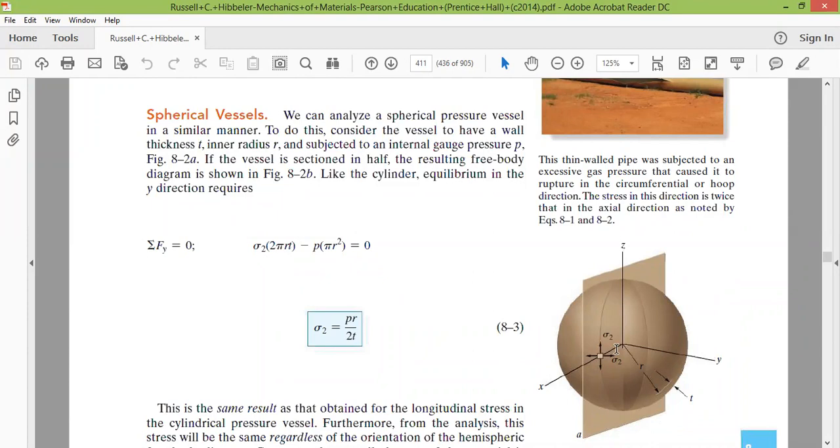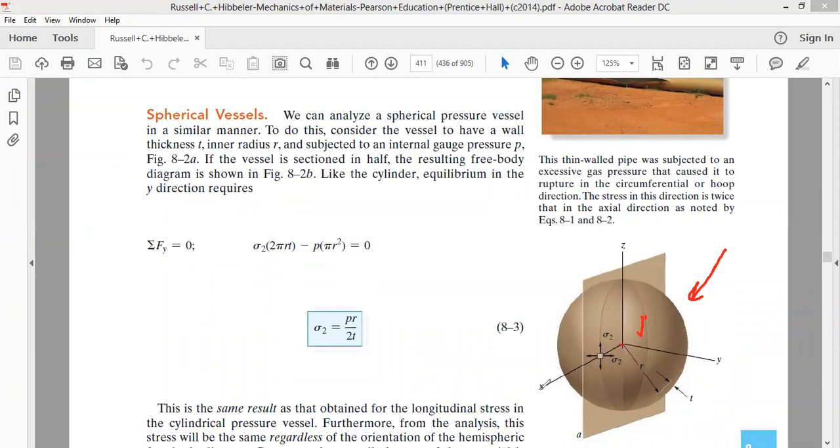Once you are filling your football with air, the radius of the football increases. Now let's suppose we have a spherical pressure vessel, or for example a football, and this football is inflated with air whose pressure is, say, P. At the center of this, you select your coordinate system.